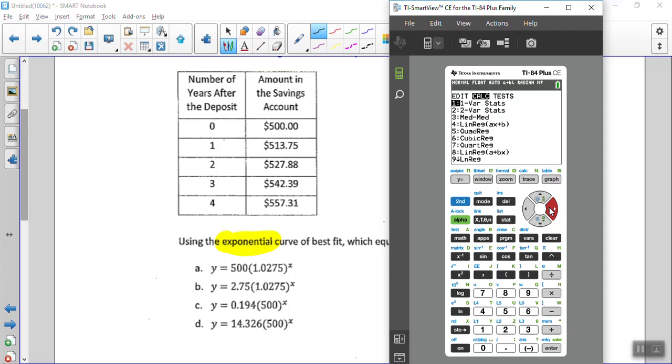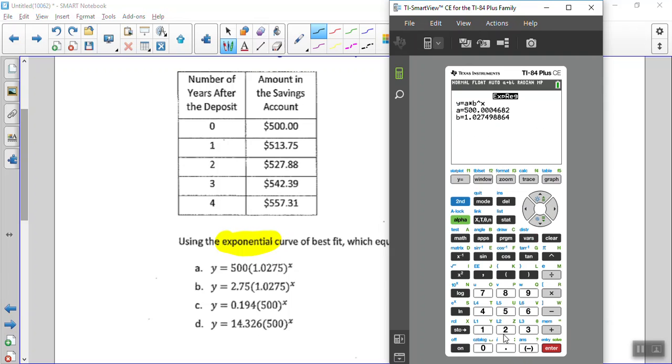So go back to stat. You're going to go to calc, and you're going to pick an exponential regression, which is down here. And then here you're going to store it in y1. So we're going to go to vars, y vars, and it's a function, and then just choose that, and you're going to calculate.